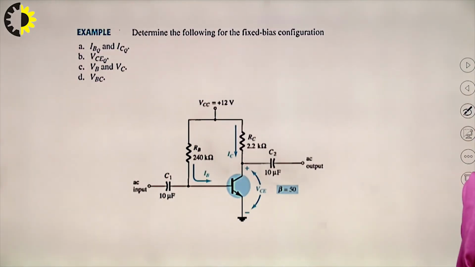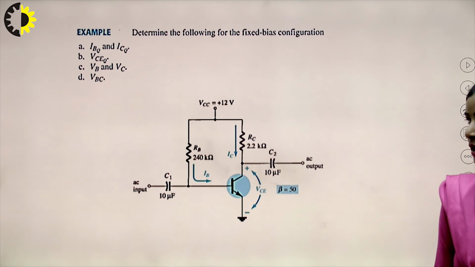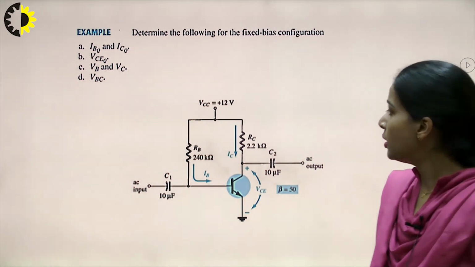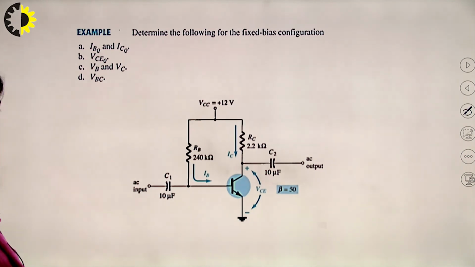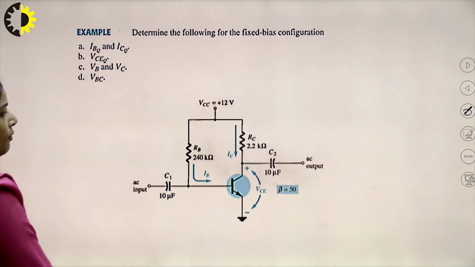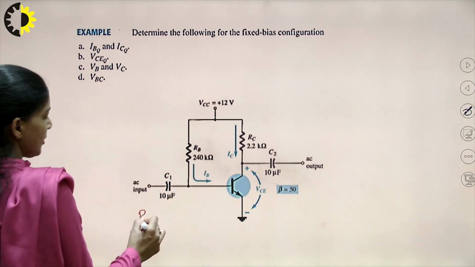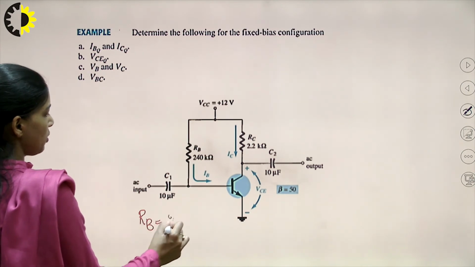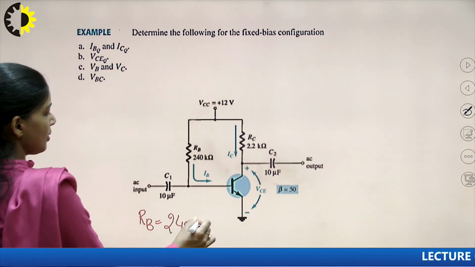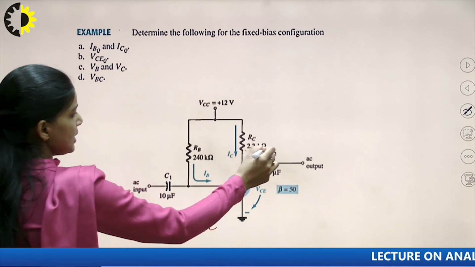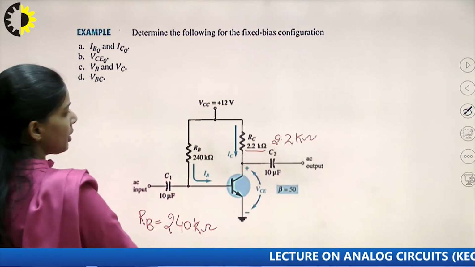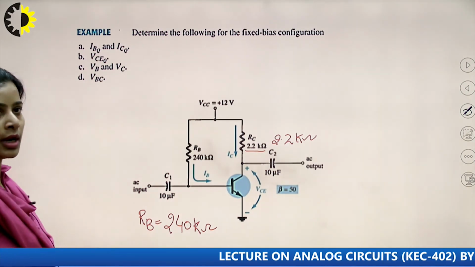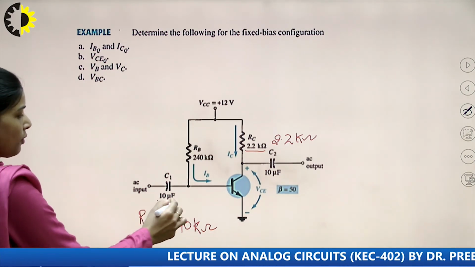This is one numerical problem based upon the fixed bias configuration. The circuit given here is a fixed bias configuration, where the value of RB is 240 kilo ohms, RC is 2.2 kilo ohm, and the capacitors C2 and C1 are 10 microfarad.